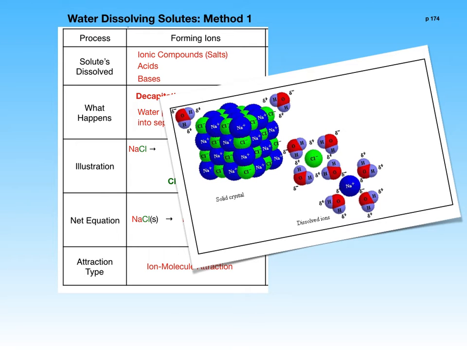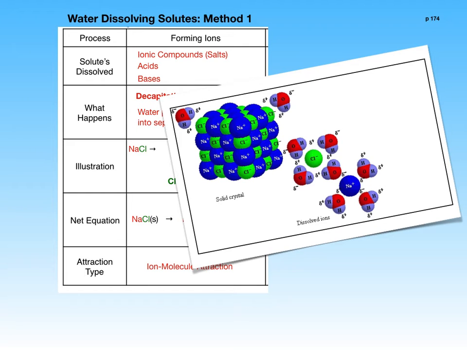And the polar negative side of the water, the oxygens, go after and pull the cations, the sodiums, away from the crystal lattice, keeping the sodium ions and the chloride ions separated from each other. They are buffered with water molecules in between them.